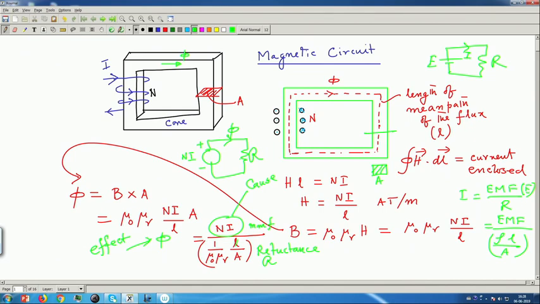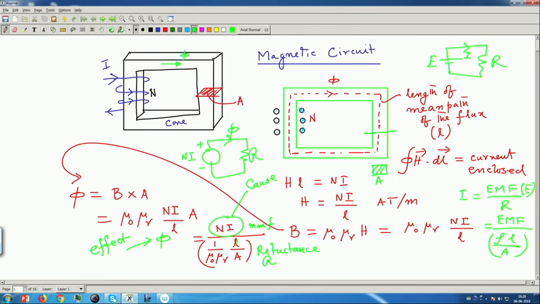Okay. The reverse problem is also very simple. In that case, I will say that I want to create a certain amount of flux. What should be the current necessary? So, I will calculate reluctance.